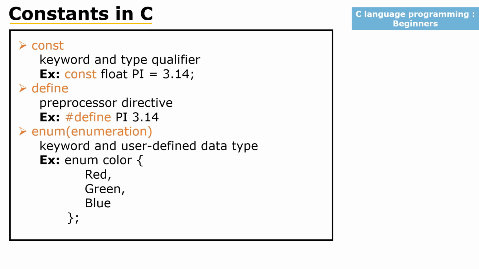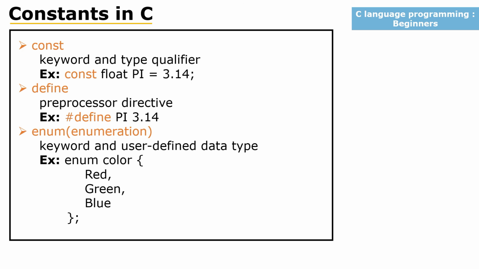If you want to declare a group of integer constants in which the values should be in sequence like 0, 1, 2, 3, 4, we can define them using this keyword enum. How to declare the group of integer constants using enum and how to use them in our program, we can see in the user-defined data types concept. But for now, just make a note of it.